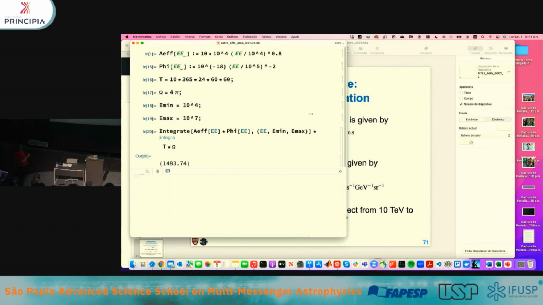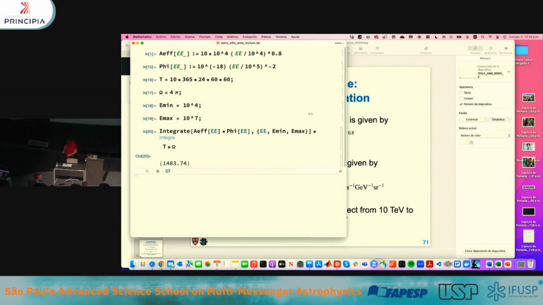So this is how many seconds are in 10 years, 4 pi, and then you do an integral. But I actually got 1,000 events, so I'm not sure where you're off by one point. So I'm confused. But essentially, this is what you should be doing to get the event rate, okay?